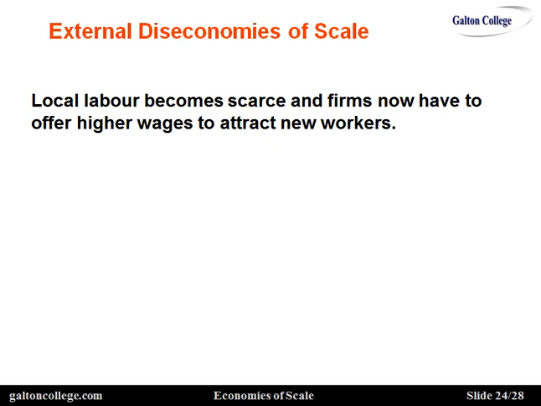If a lot of companies go into the area because of the attraction of a skilled workforce, when the skilled workforce are employed, new companies coming in will have to now compete for the workforce and offer higher wages, higher salaries for some staff, and that will force up the price of the product. In other words, the industry has overgrown in a particular area.